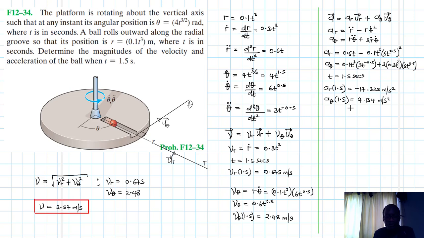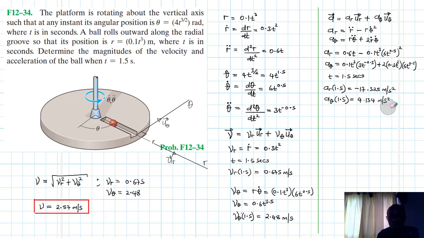Okay. How come I'm finding a smaller number? Okay, 0.3 by 1.5 to the power 2.5, plus 2 by 0.3 by 6 by 1.5 to the power 2.5, that's 10.74.